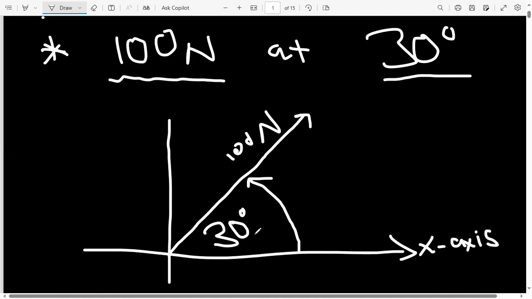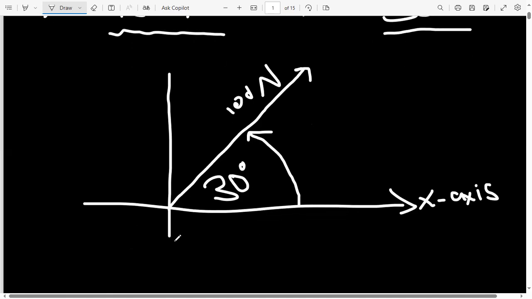It is important to know that this x-y plane is divided into 4 quadrants. So this is the first quadrant, the second quadrant, we have the third, and we have the fourth. This line here represents the 0 degrees. This line here represents the 90 degrees.